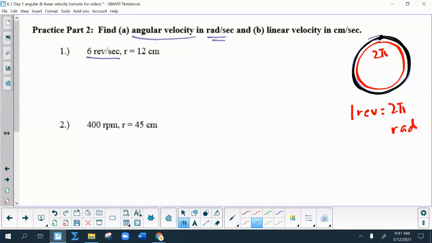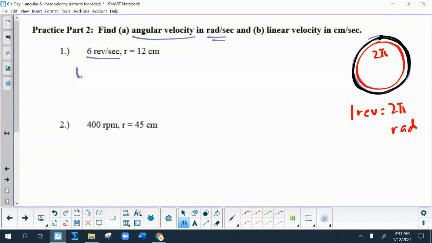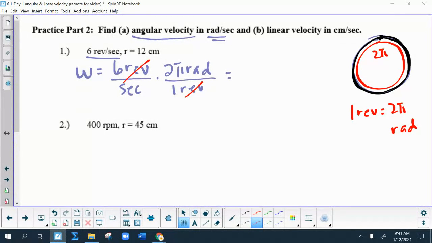We're going to make that conversion over here. Our angular velocity is 6 revolutions per second, and I want to get rid of the revolutions, and I know that 2 pi radians are the same as 1 revolution. So that means my angular velocity here is 12 pi radians per second.